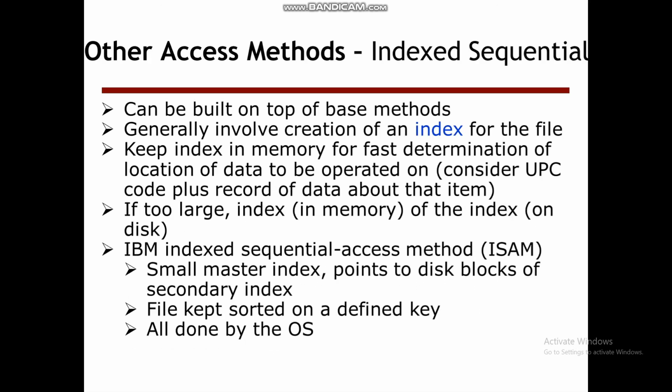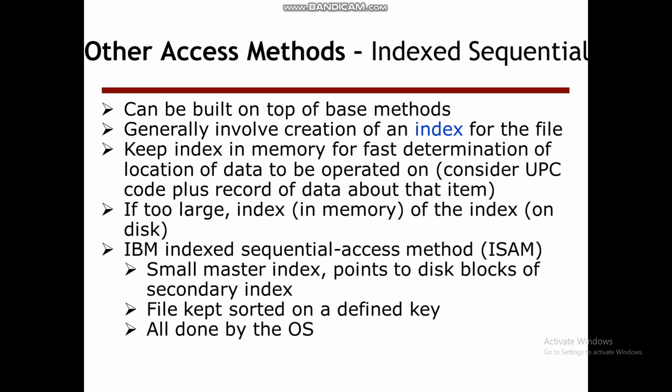Next, we have another access mechanism, which is the indexed sequential mechanism. We know that the main disadvantage of the sequential file is that it takes more time to access a record. We can overcome this by using an index for the file, which is known as the indexed sequential mechanism.